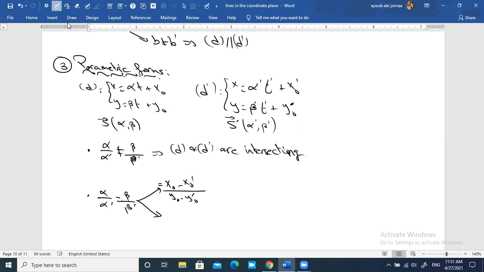If it's equal to this ratio, then d is equal to d prime. If alpha over alpha prime equals beta over beta prime, and this ratio is not equal to x0 minus x0 prime over y0 minus y0 prime, then in this case they are parallel.